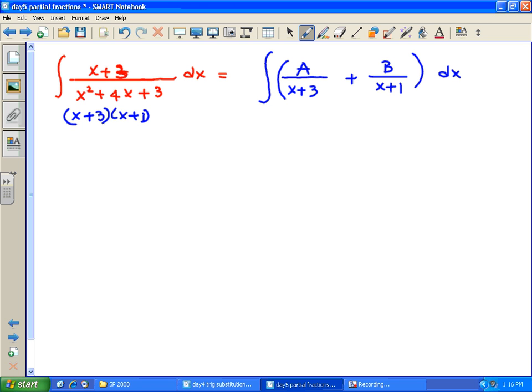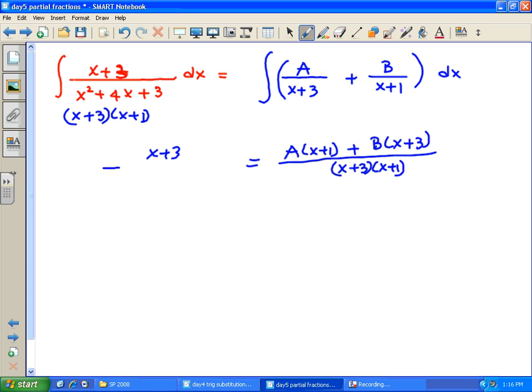Okay, to find a and b, we're going to get common denominators on the right-hand side. So you can say that a times x plus 1 plus b times x plus 3 over the common denominator of x plus 3 times x plus 1 must equal the left-hand side, right?